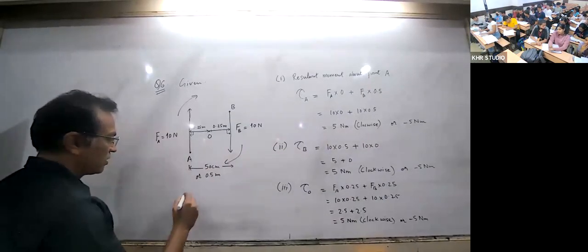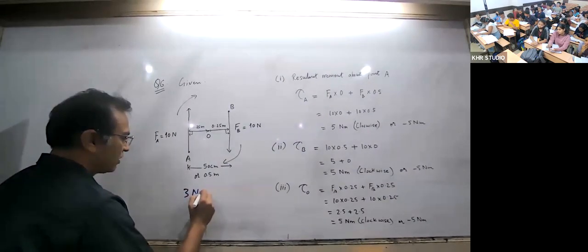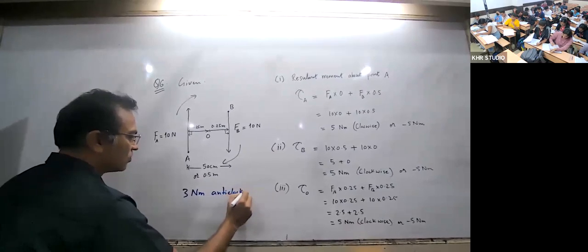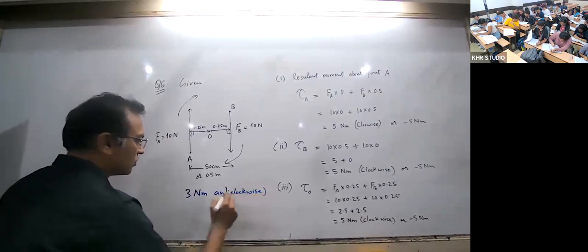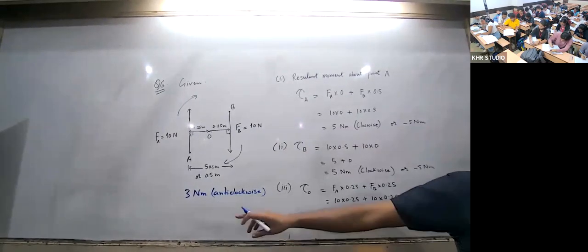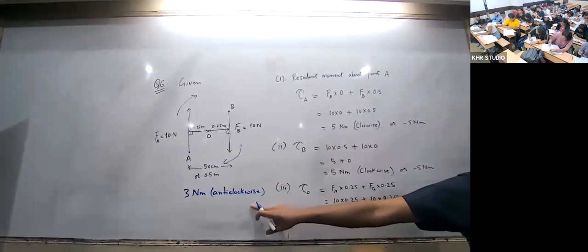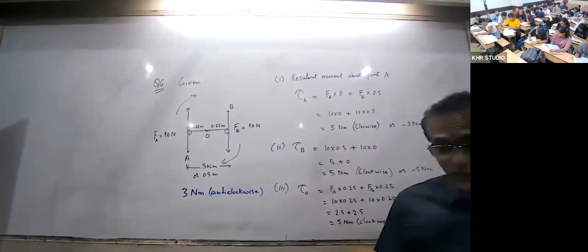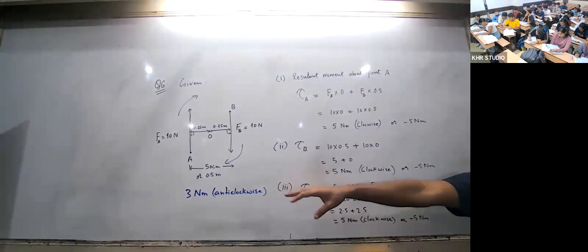So if your answer is 3 Newton meter anti-clockwise, it is correct. All of you are getting 3 Newton meter anti-clockwise, and it's all right. Is there anybody who has not understood this concept?